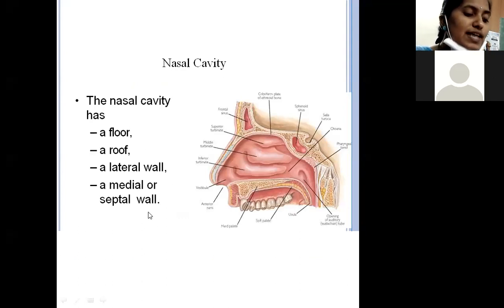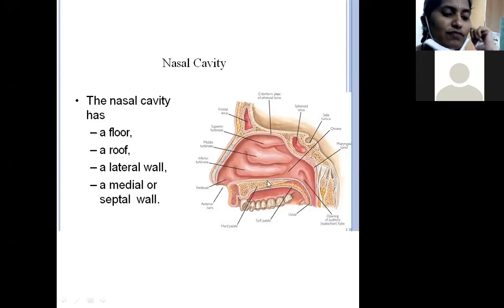Each half of the nasal cavity will have a floor and a roof. At the center we will have the nasal septum, also called the medial wall. We will have the lateral wall, the medial wall, then the roof and the floor.